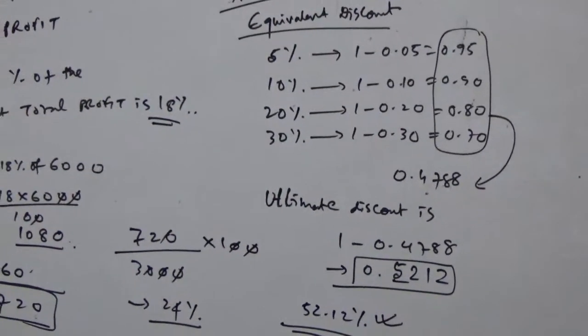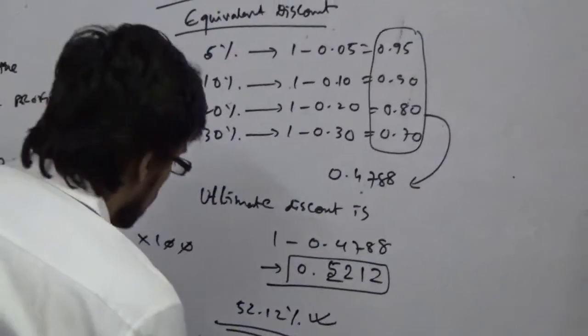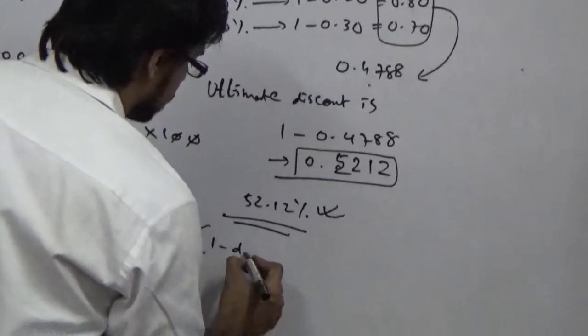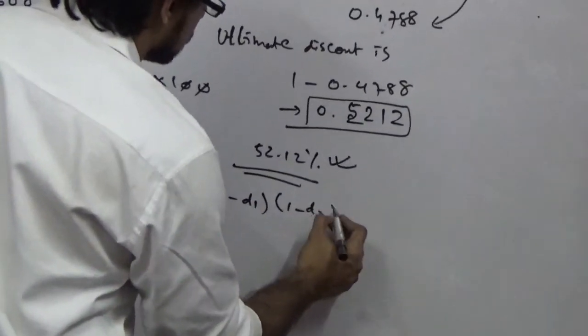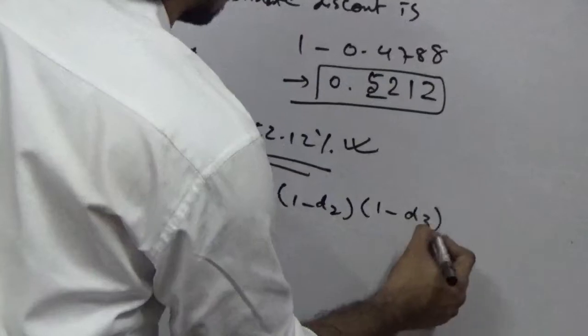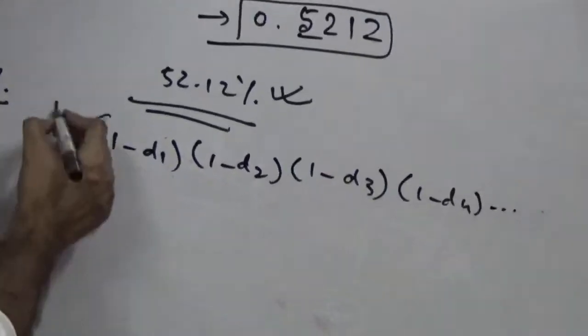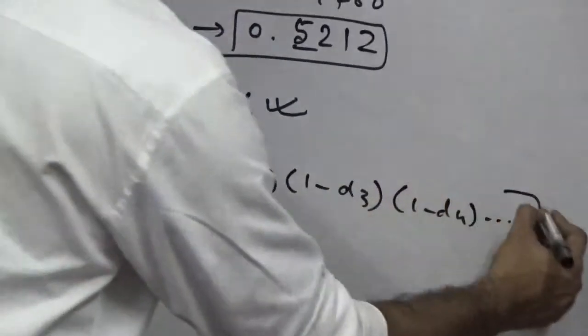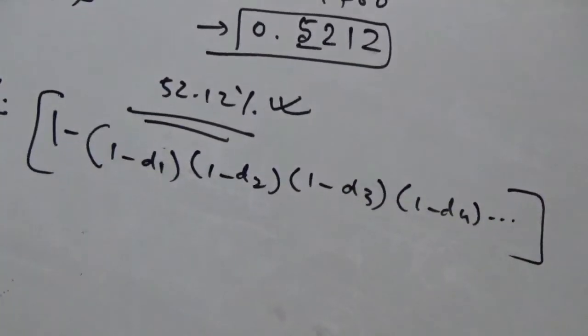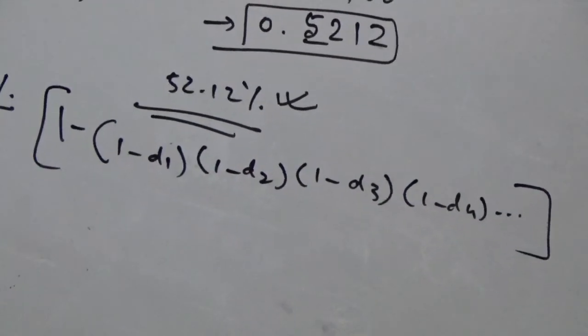What is the one liner of doing it? Simply (1 minus D1)(1 minus D2)(1 minus D3)(1 minus D4), and it goes on in this way, and then subtract it from 1. So this is our common formula for finding the equivalent discount.